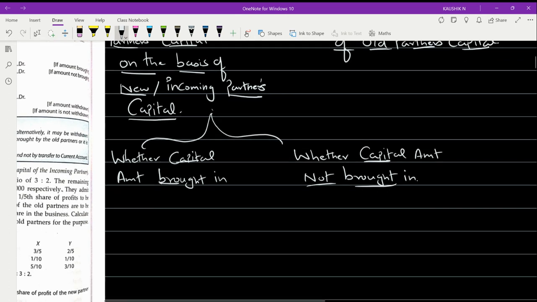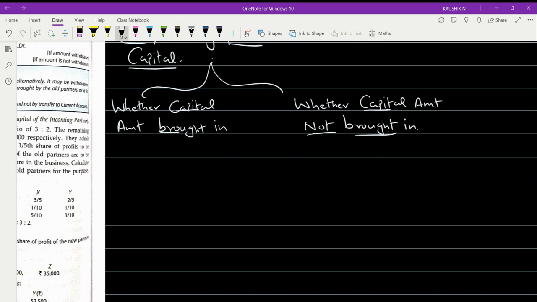When the capital has been brought in, the journal is quite simple. Cash or bank account will be debited. The entry is cash or bank account debited, and whichever partner has to bring that capital, that particular partner's capital account will be credited.